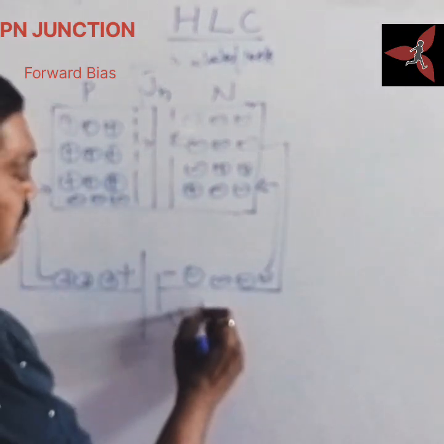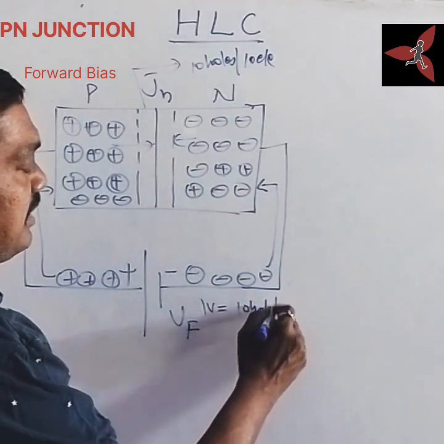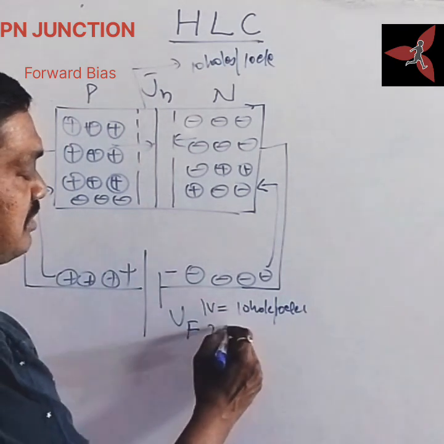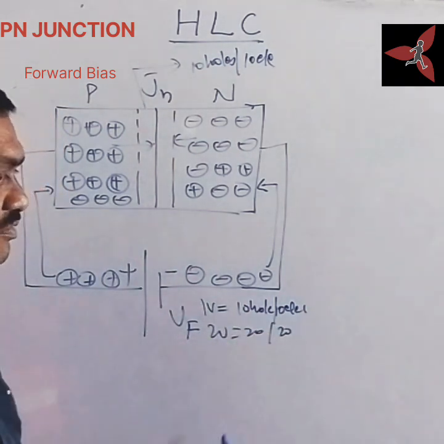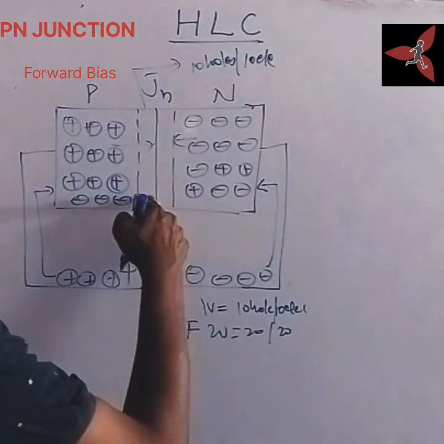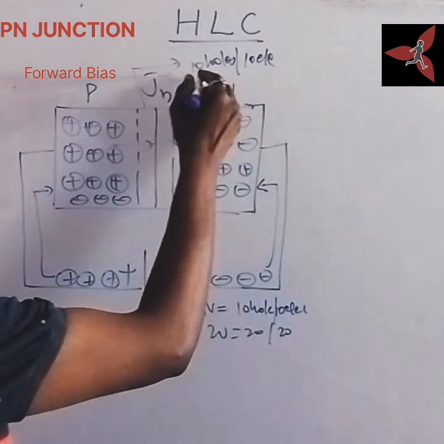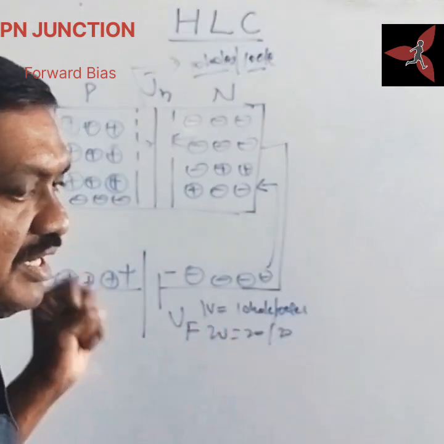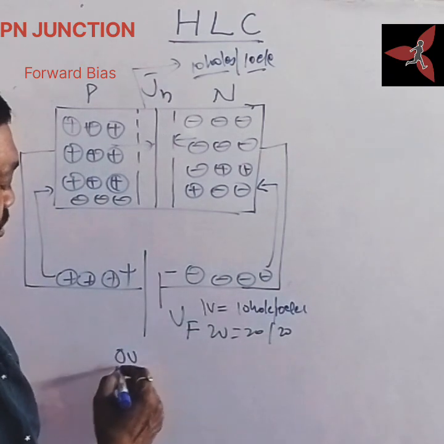For example, for 1 volt, let us suppose 10 holes and 10 electrons are supplied to the device. For 2 volts, accordingly 20 and 20; for 3 volts, 30 and 30. Let us assume the depletion layer can withstand the pressure of 10 holes and 10 electrons moving from P to N and N to P. Now I start at 0 volts.